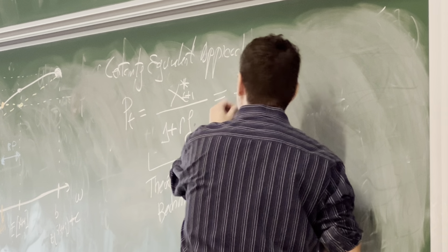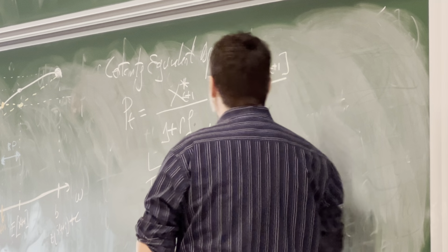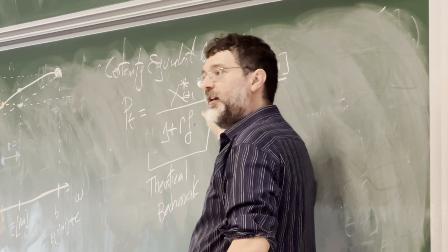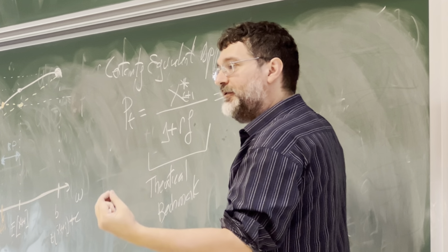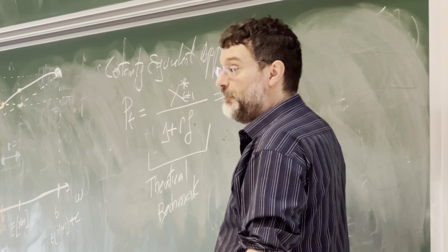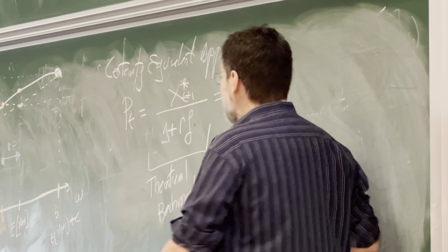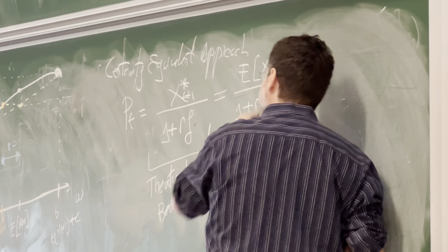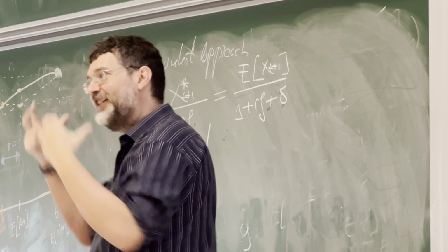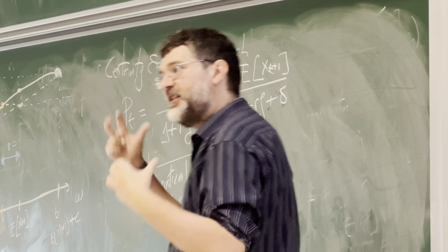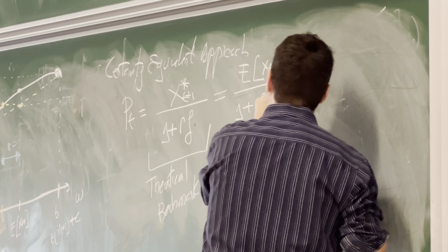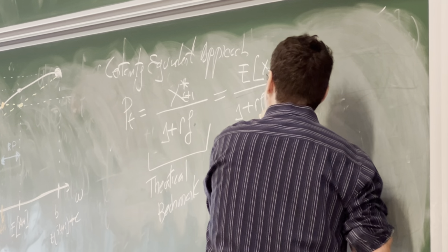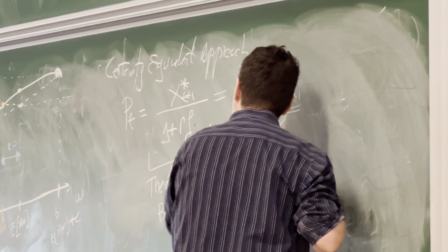If you discount with 1 plus the risk-free rate, you will never match this equality. If you have a bigger numerator, you need to have a bigger denominator. So we need to plug in here something which matches theoretically and corrects this difference. This amount that I'm going to put here is the risk premium.